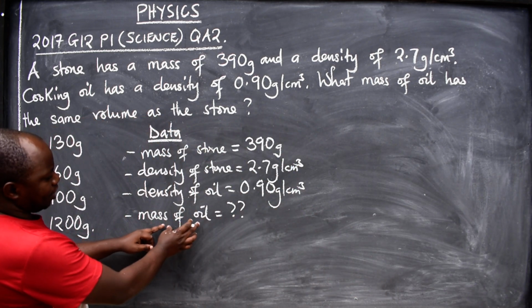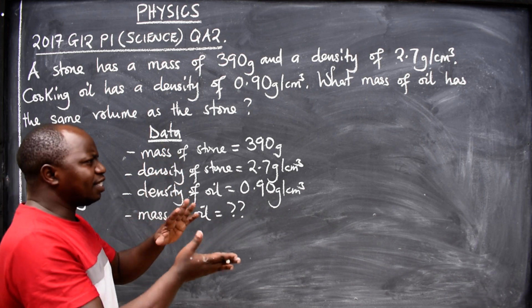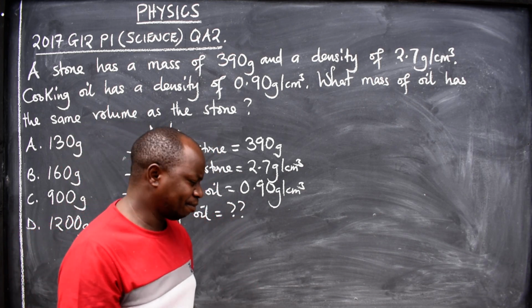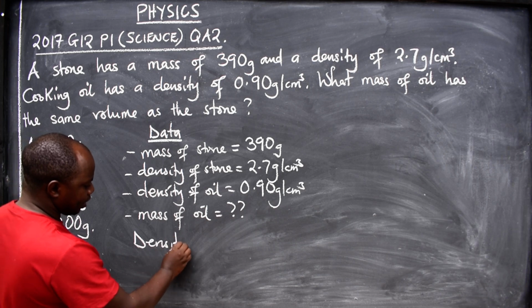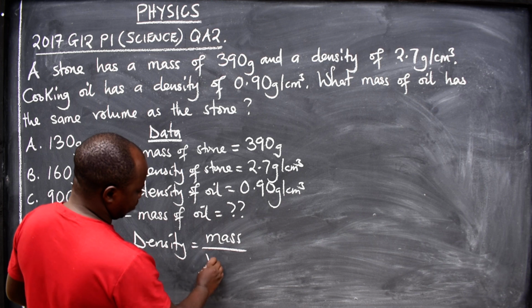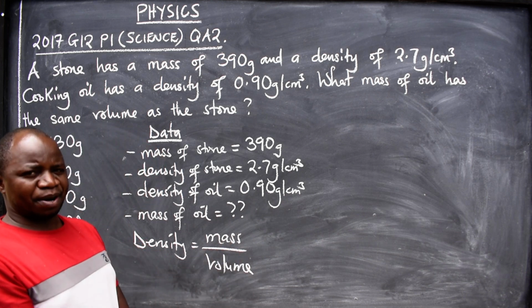So, how do we get the mass of oil? There's density, there's volume, there's mass in here. So remember the formula. The formula says density is equal to mass over what? Volume. This is the formula that you should always remember.